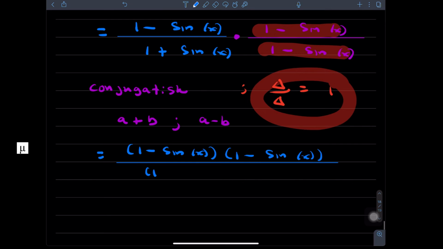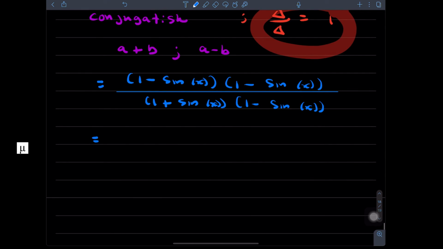Then you have down here 1 plus what? Sine, 1 minus sine.